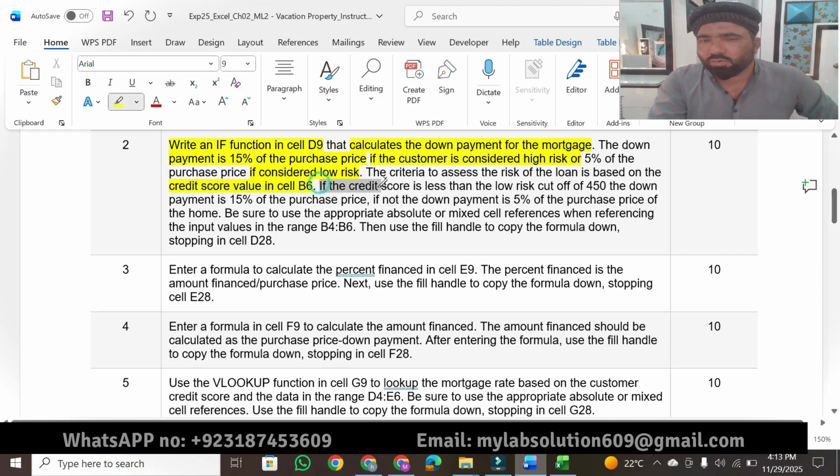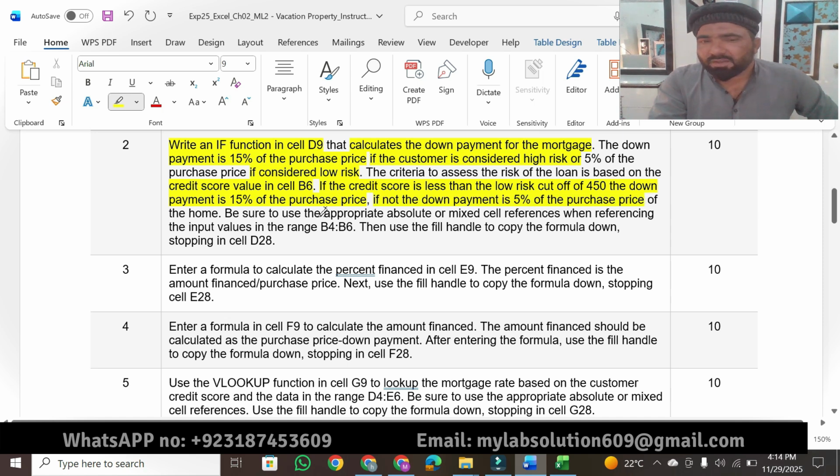If the credit score is less than the low risk cutoff of 450, the down payment is 15% of the purchase price. If not, then the down payment is 5% of the purchase price of the home.